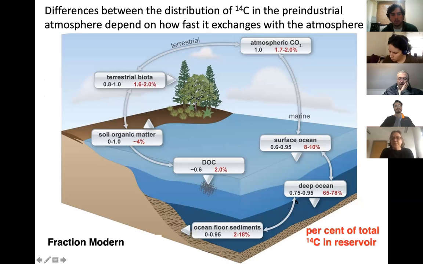But if you go to something like the deep ocean, the ratios are lower than 1, and that's because the time it takes to exchange carbon in the deep ocean with the atmosphere is maybe several thousands to several hundreds of years. And so it's had time to decay radioactively since the last time the deep ocean was in contact with the surface ocean and the atmosphere.